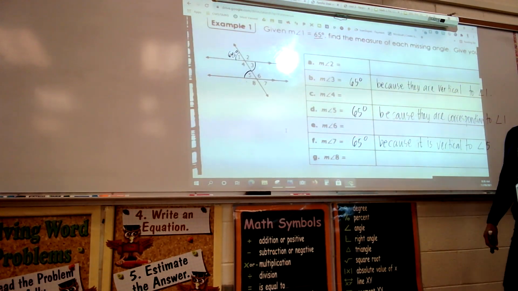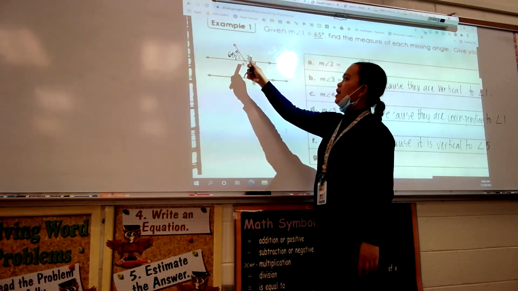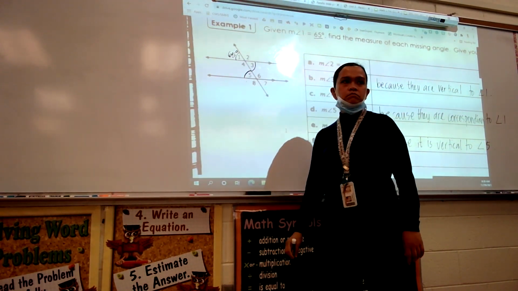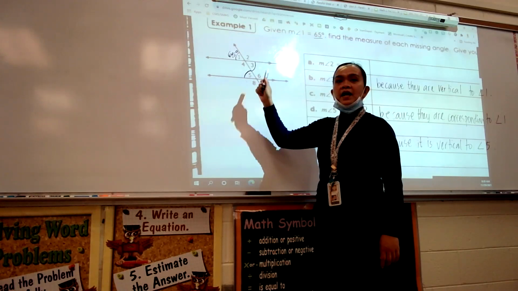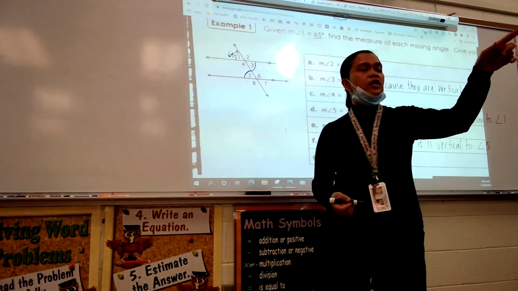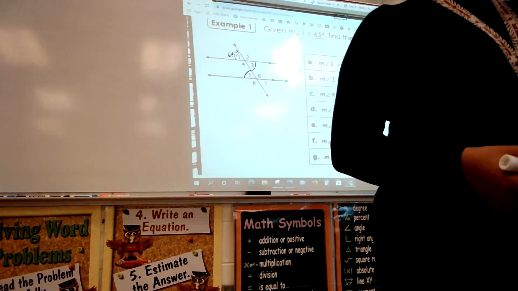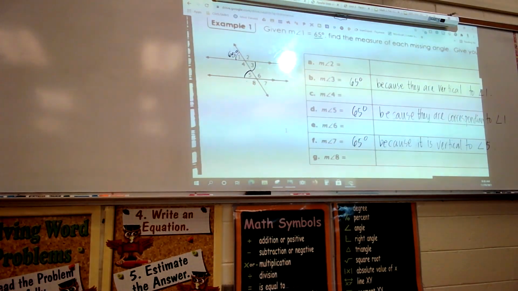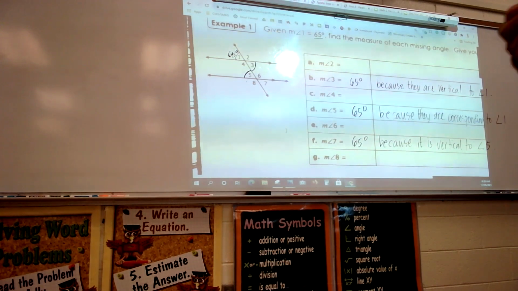Now, what type of relation do I have if I have 4 and 5? Consecutive. How much is the total of a consecutive? Are they equal to each other or are they equal to 180? 180.